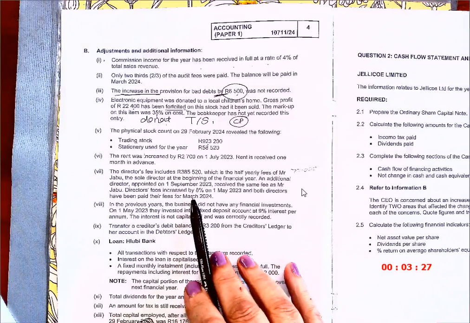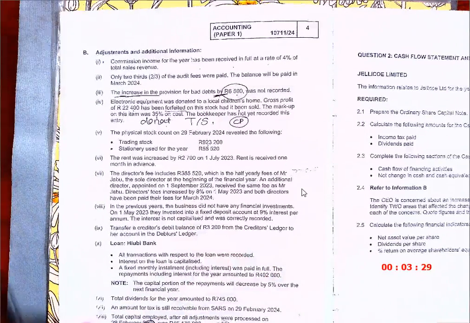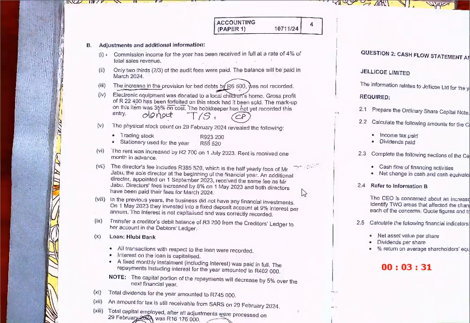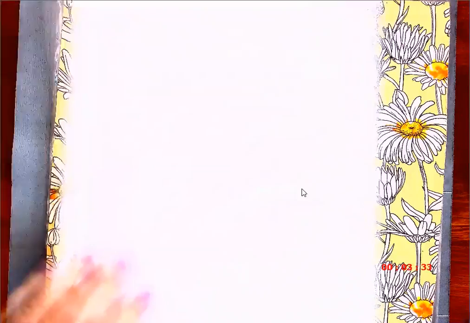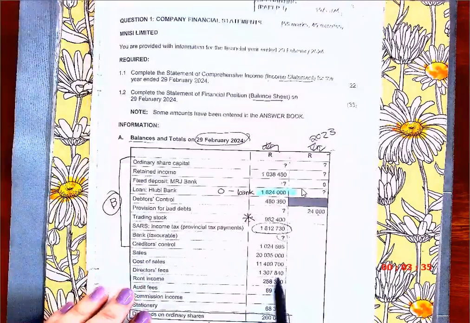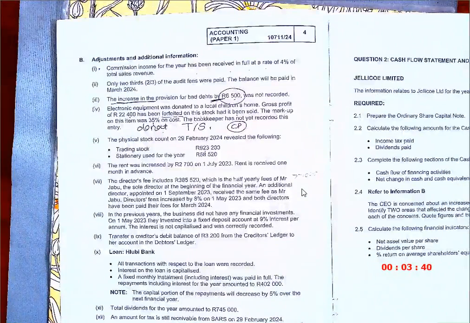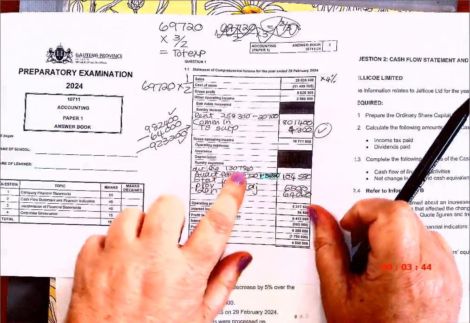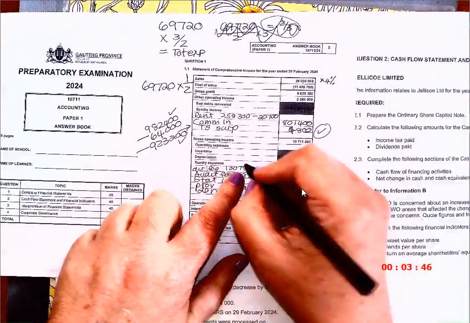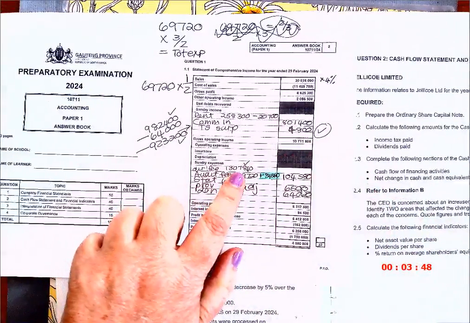Then you start with this. You go, look, did they give me director's fee in the trial balance? Yes. There's the director's fee. Is it printed on my answer sheet? No, it's not. So I write it in, I put that amount in, and there I already got 1 tick.